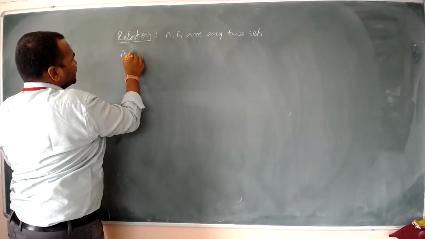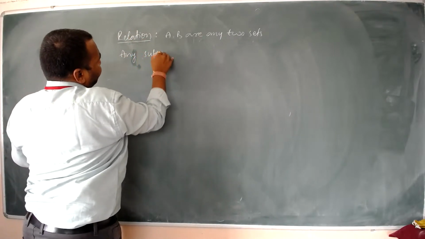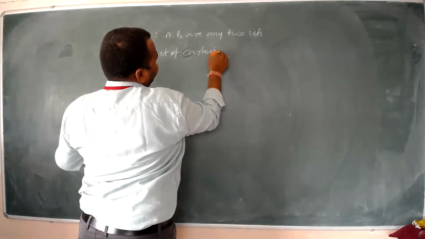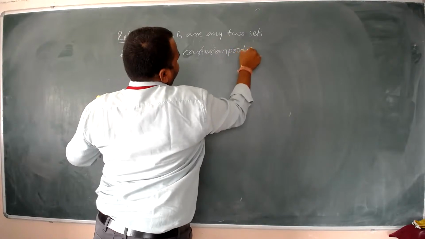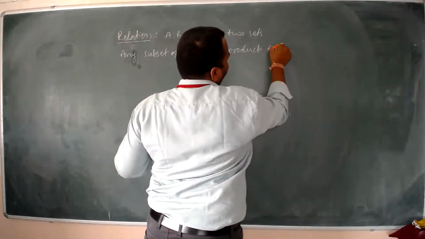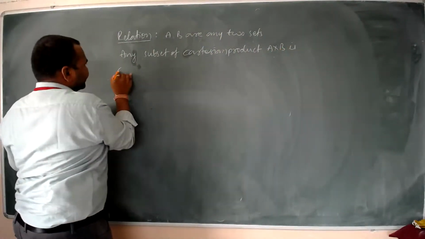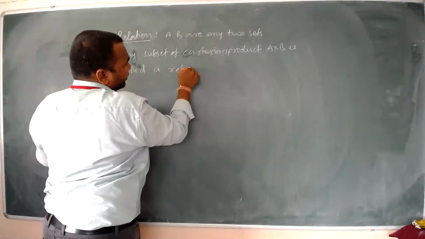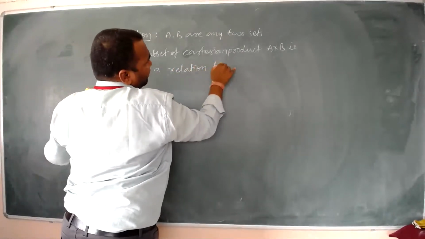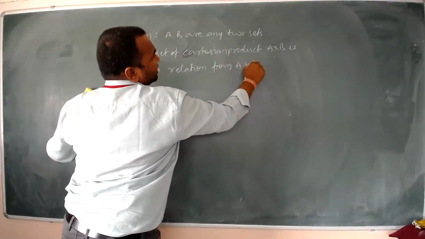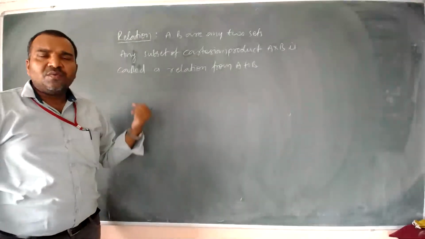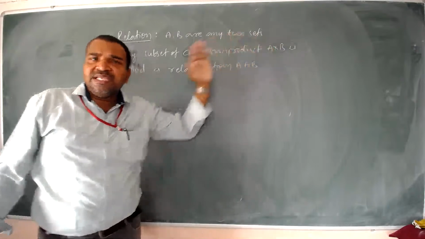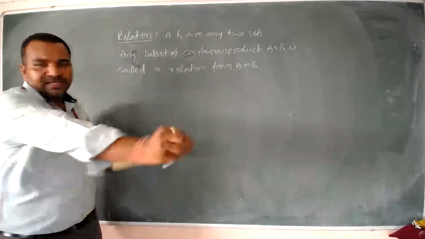Any subset of the Cartesian product A cross B is called a relation from A to B. This is the definition of relation. What is the definition of relation? Simply you can remember: any subset of the Cartesian product A cross B is a relation from A to B.